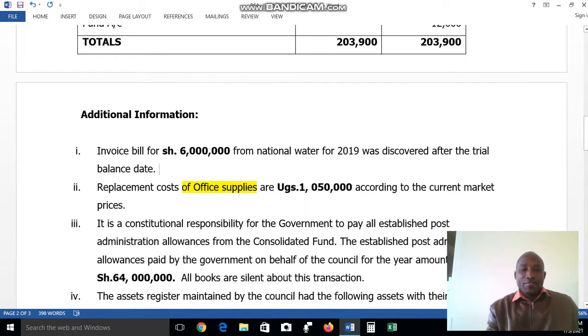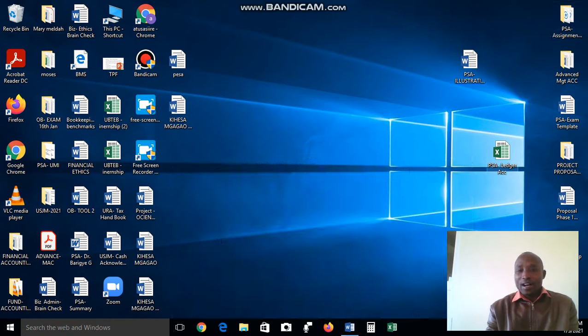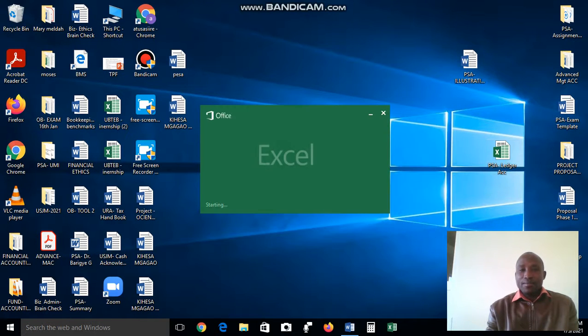So now, given such a statement, how can you enter it? You open a ledger account for it. You have to open a ledger account for water. This is a water bill, not so? Let us see if you can open a ledger account for this item.